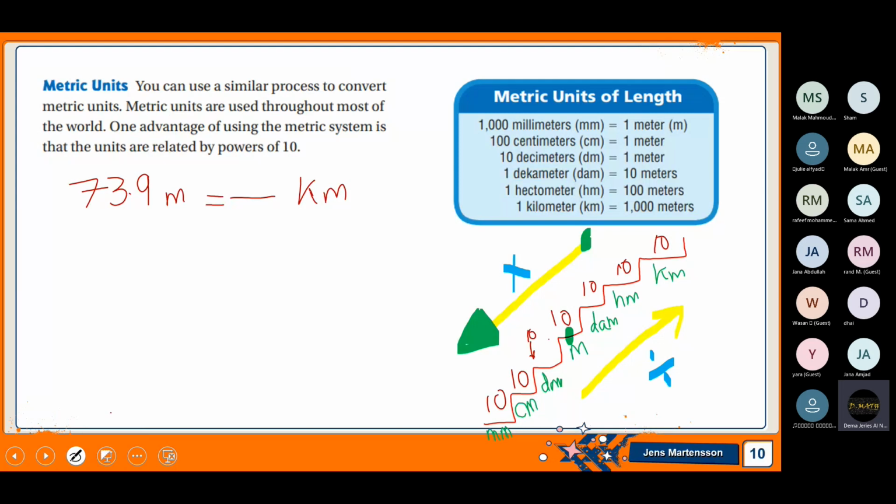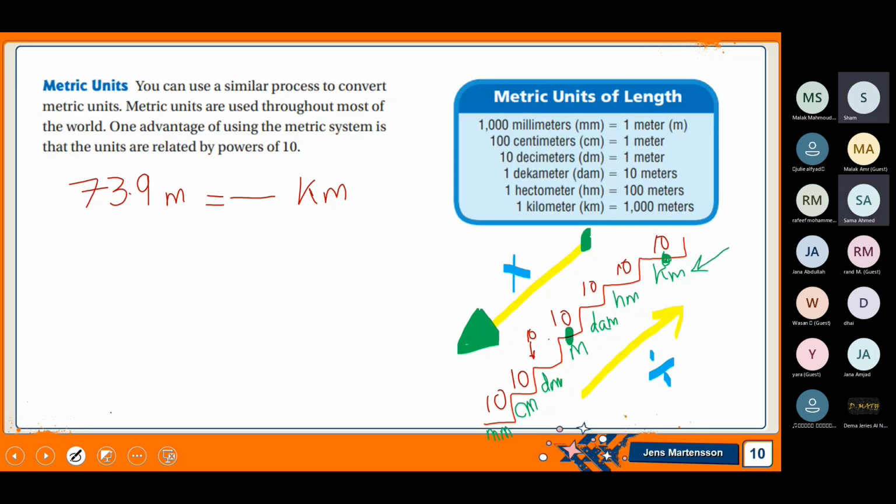Now, where am I? I am on meter. I want to go to the kilometer. Do I have to go upward or downward? Down. How down? I am on meter. I want to go to kilometer. Teacher, you said kilometer is down. Where is kilometer? Kilometer is up, yes.